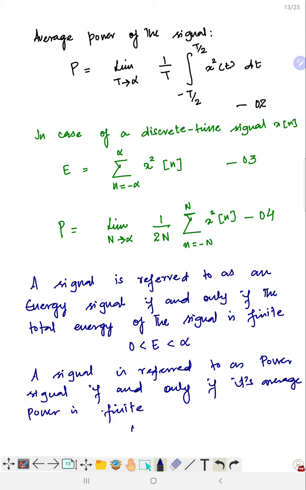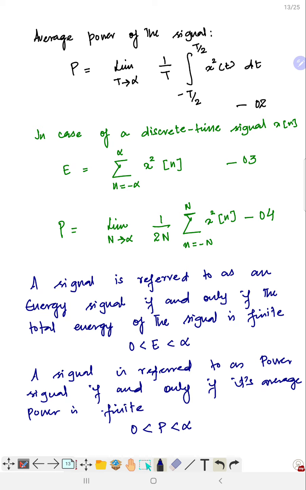That means your power signal will satisfy this. Fine. We actually won't be using this classification so much, but there's always a tendency to know what the energy content within the signal is, and what the average power for the signal being analyzed is, especially in communications.